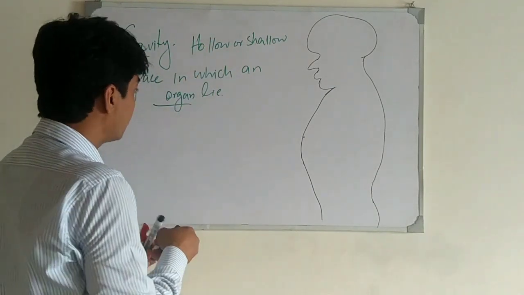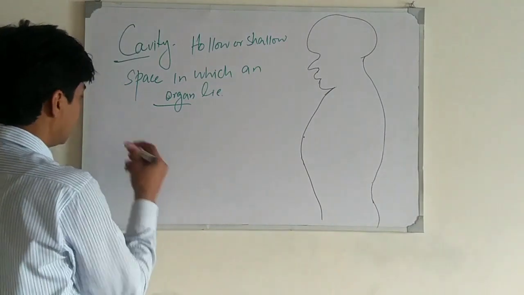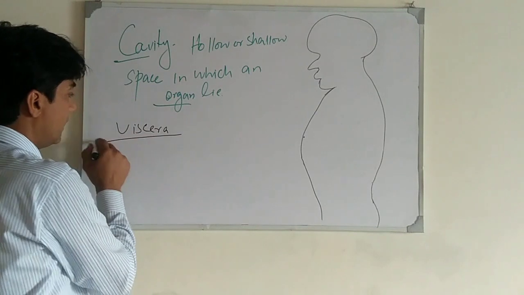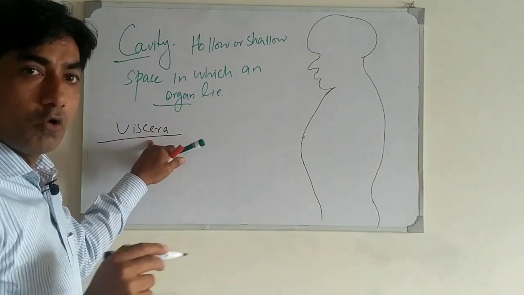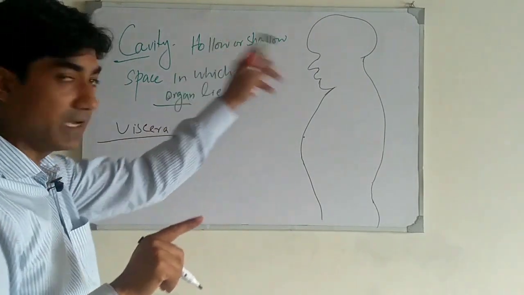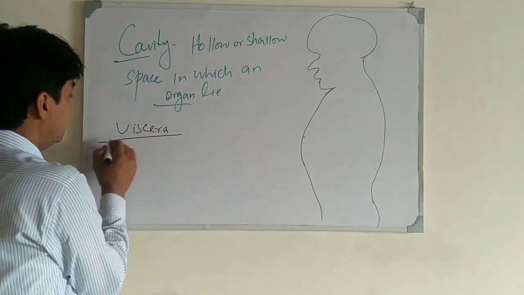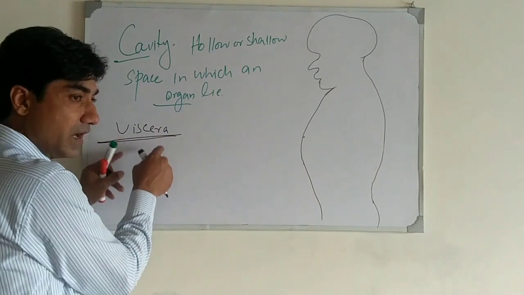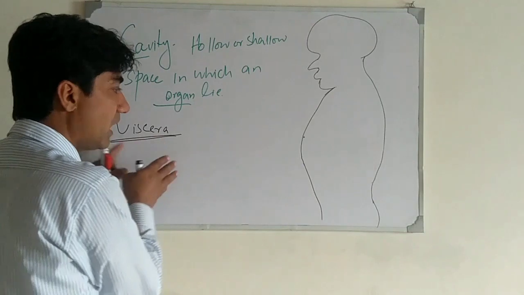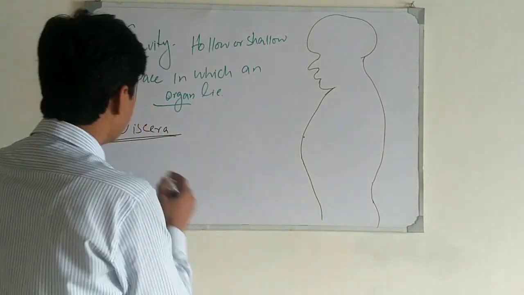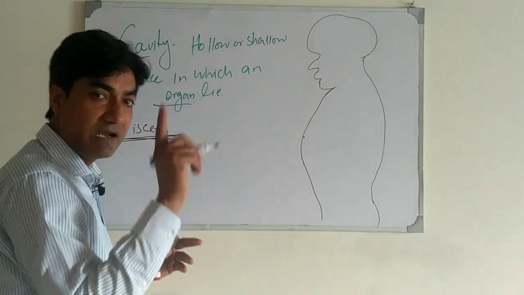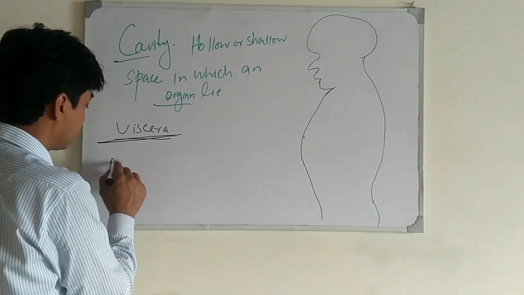These organs are called the viscera in medical terms. These viscera are held and covered by thin layers within that cavity, so that these organs keep in place and cannot be dispersed to and fro. So these viscera held by those layers are called membranes.